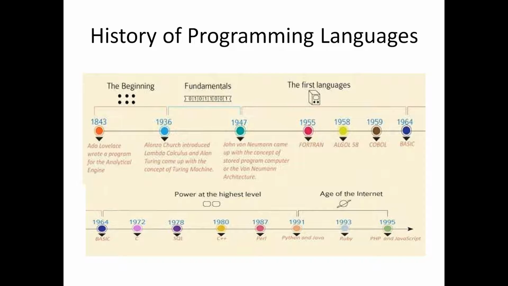After that, in 1972, the C language was developed. In 1978, SQL was developed. 1980, C++. 1987, Perl. 1991, Python and Java. 1993, Ruby. And 1995, PHP and JavaScript. And up till now, there are so many more languages that exist.